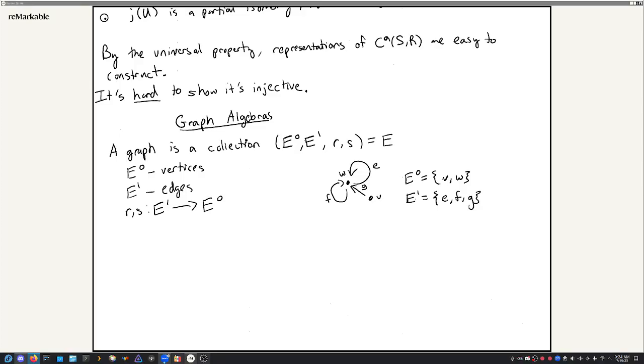And then, for example, the range of e, that's the vertex e points into, which is the same as the vertex e comes from, so that's the source of e. Both of those are w. Range of g is w, and source of g is v.